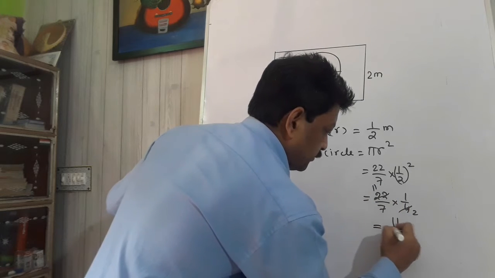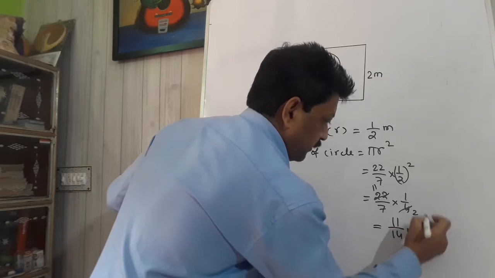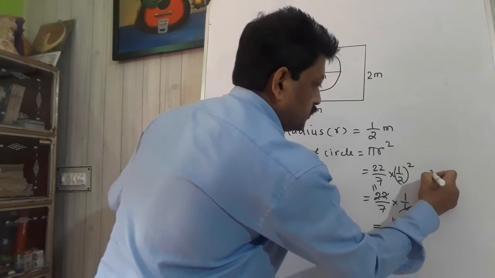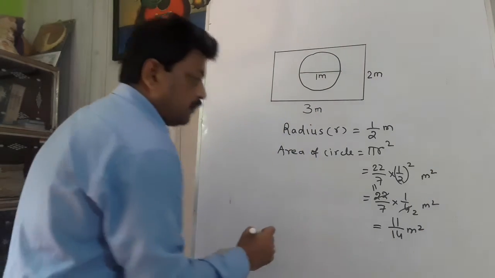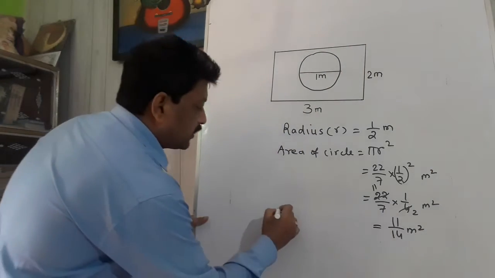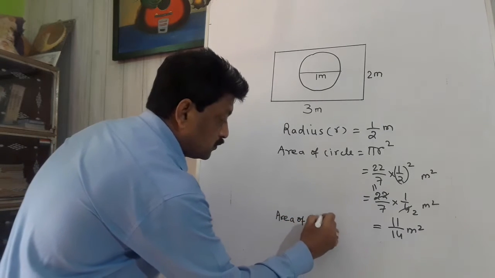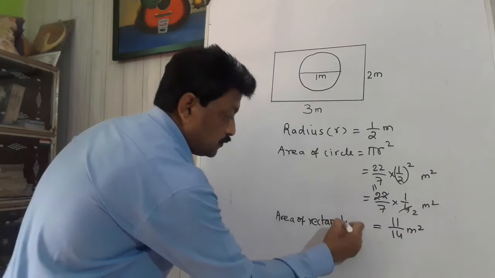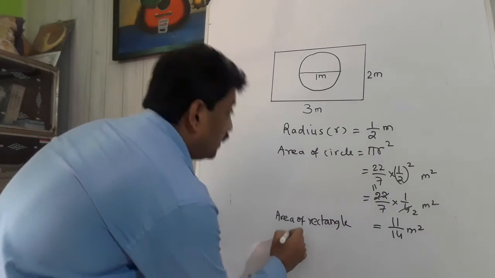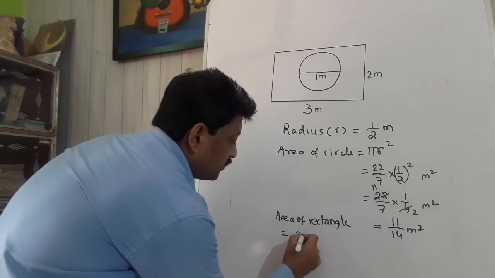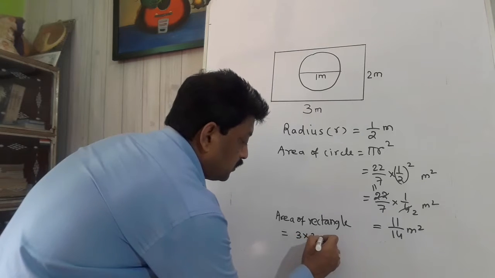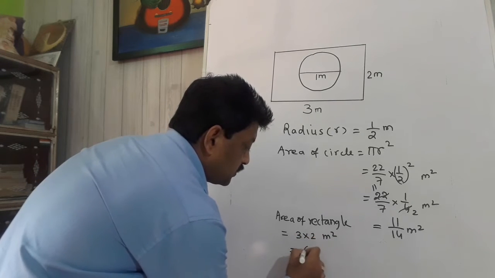So it is 11 upon 14 meter square. This is the area of the circle. And area of rectangle equals length into breadth, that is 3 into 2 meter square or 6 meter square.